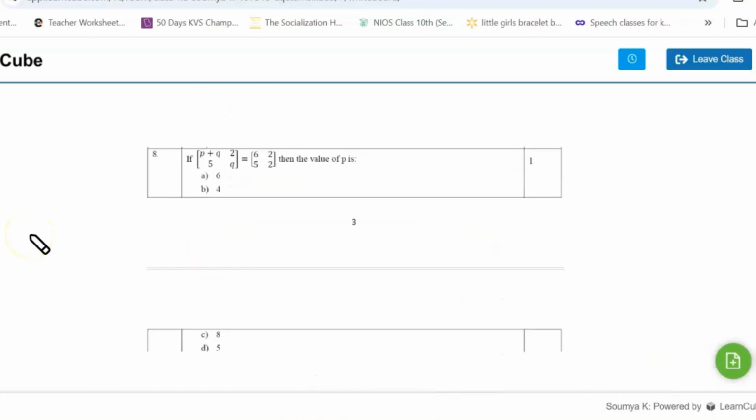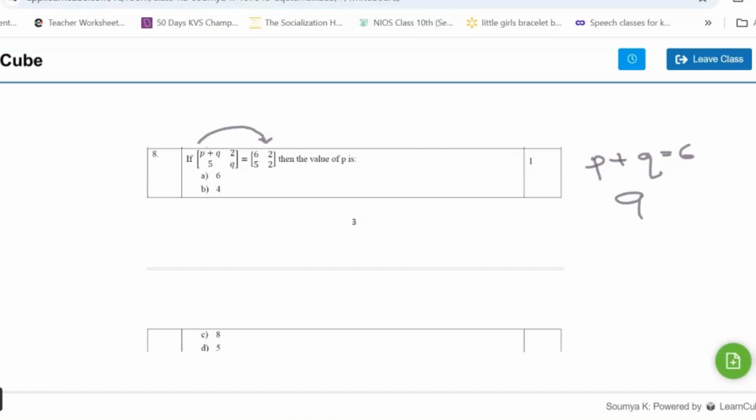8th question, again from matrix, what you have to do is, if left hand side is equal to right hand side, then find out the value of P. Here P and Q are not given to you. So if you check here, from this you can derive P plus Q is equal to 6. Corresponding elements will be same. Okay, both the matrices are same, so P plus Q should be equal to 6.